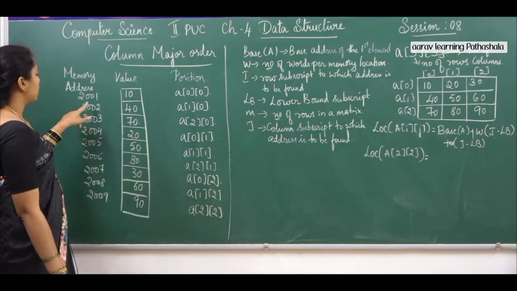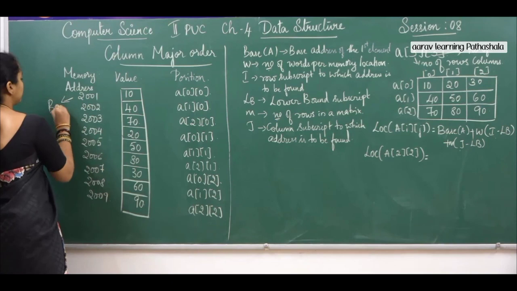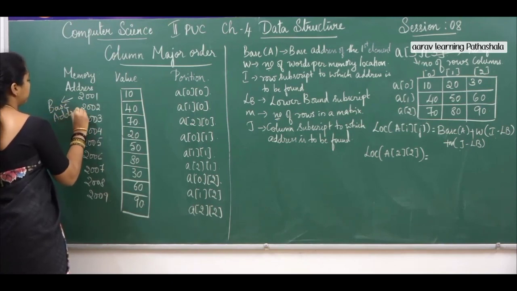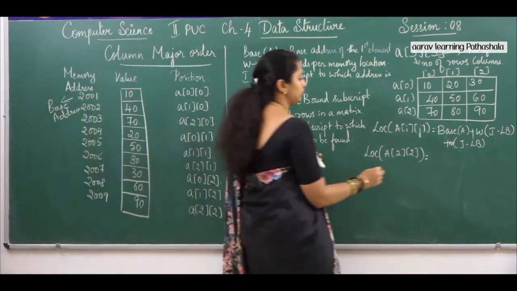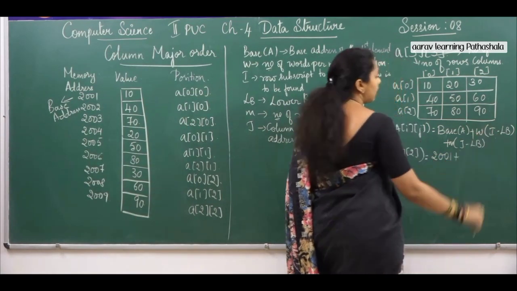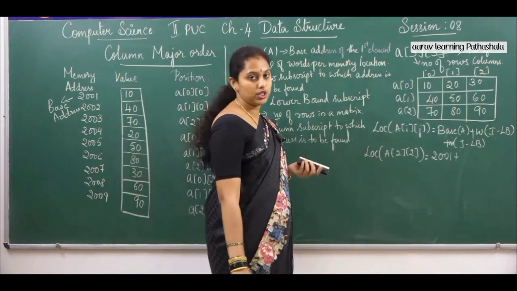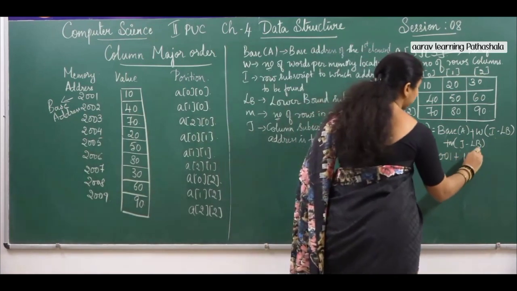The base address of the first element is 2001. So 2001 plus W, which represents words per memory location, that is 1.